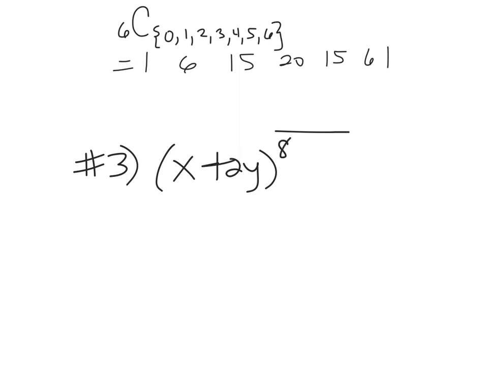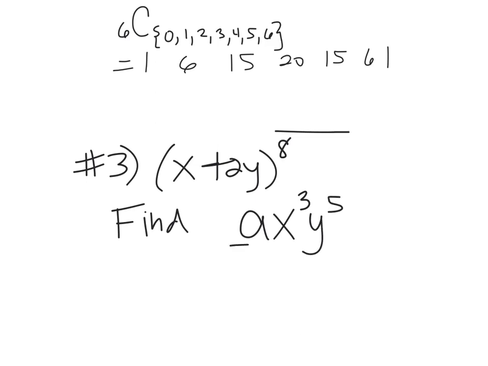Now, some of you are probably wondering how high I'm going to make you go on a test. I can't make it go too high, it's so much work. But maybe I want to see if you know how to find any term. I say, find the term that will have x to the 3rd, y to the 5th. You're basically finding the coefficient.